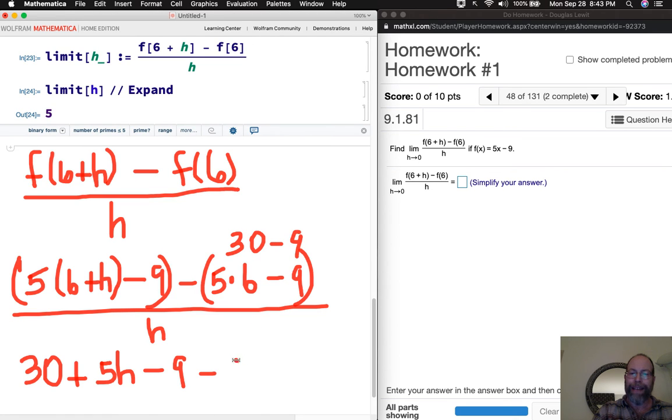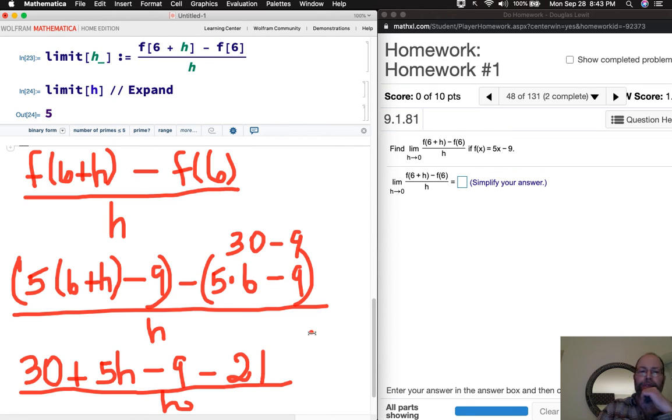So this will be minus 21, the whole thing divided by h. And then we're going to simplify this. So we're going to have 30 minus 9, which is 21. Oh yeah, I see what's happening.